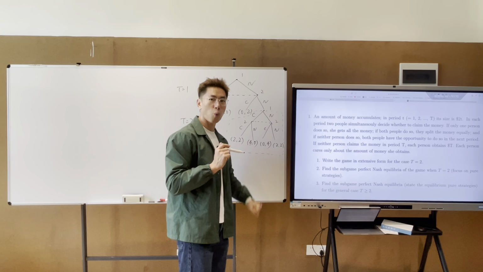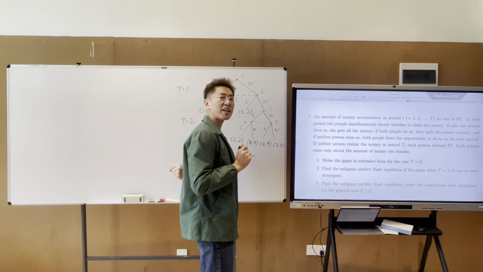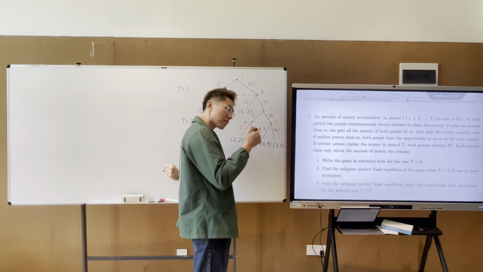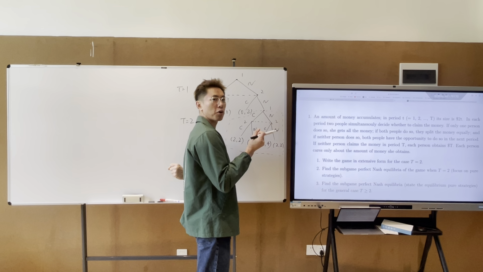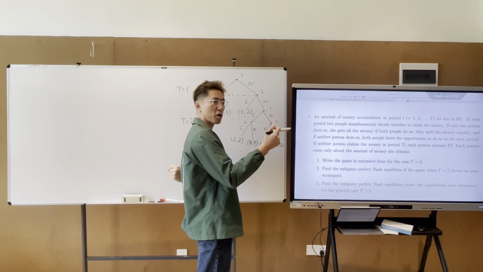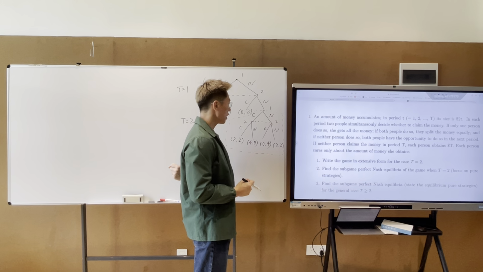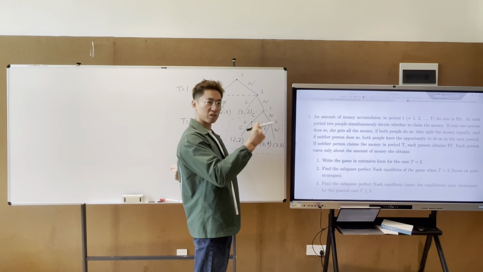Even though player 1 first makes the choice, he doesn't show his choice to player 2. Then player 2 also chooses, and then they show their decisions and get the payoff.